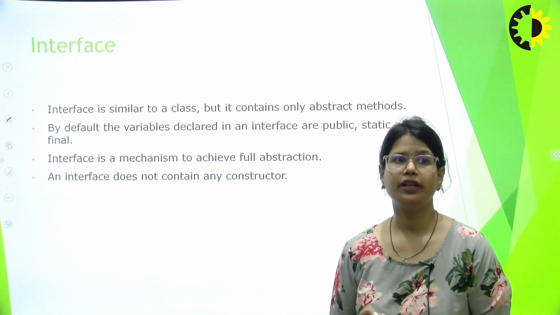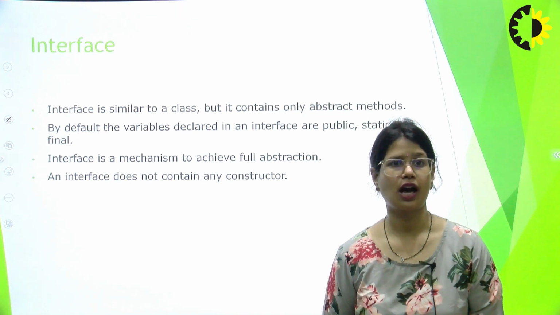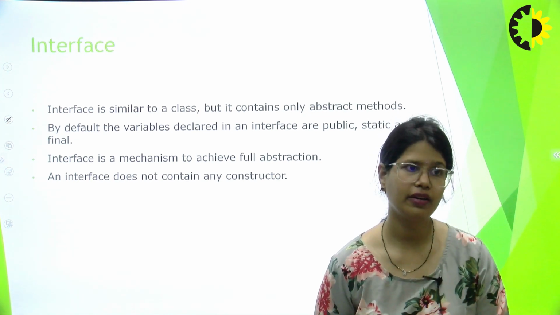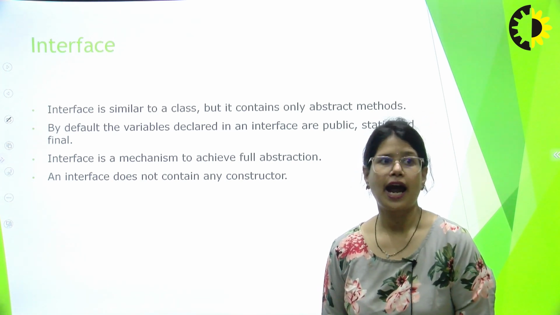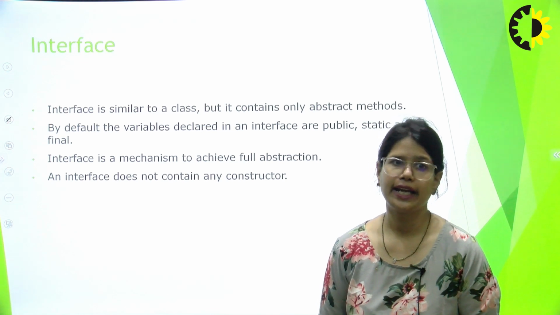By default, the variables declared in an interface are public, static and final. Interface is a mechanism to achieve full abstraction, and an interface does not contain any constructor.